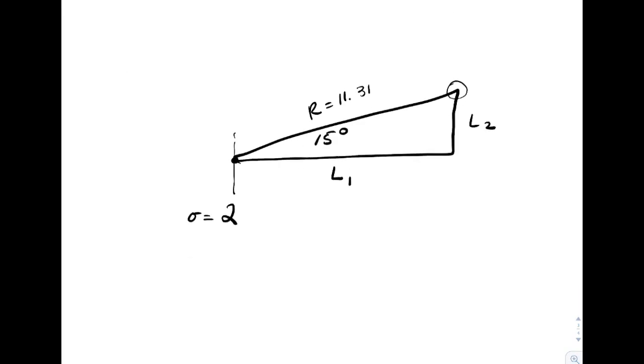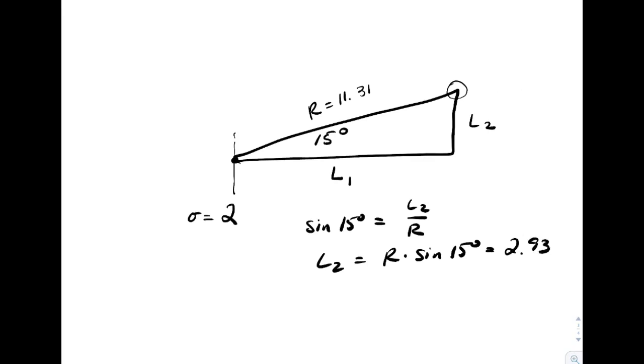How would we solve for those? We're just going to use simple trig. The sine of 15 degrees is equal to L2 over R, so L2 is R times sine 15 degrees. That's going to be 2.93.